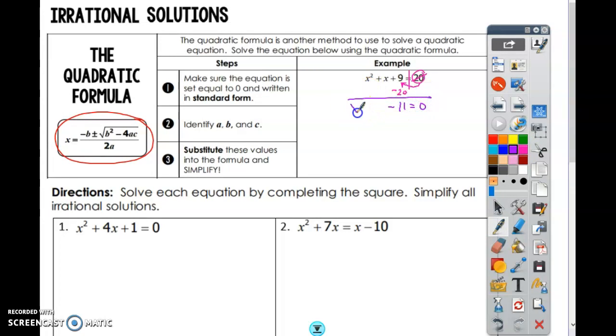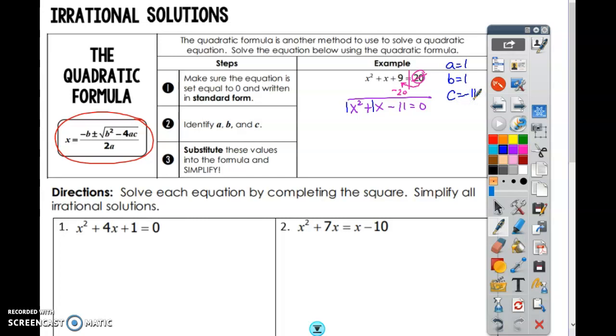And then I bring this down, x squared, and I bring this down plus x. And you can always do the work on the back if it doesn't fit on here, because it's probably not going to fit here. So I know that my A is 1. My B is 1, and my C is negative 11.